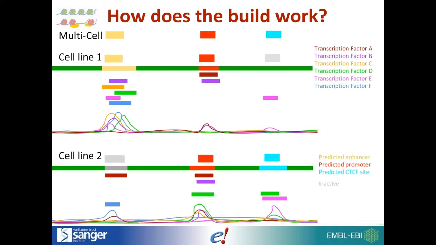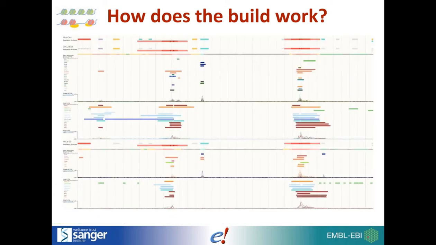So that's how we produce our build, and then in real life it actually looks very much like this, but a little bit more detailed and a little bit more messy. So this is what it looks like in our browser. We have our multi-cell features, and then I've got two cell lines showing here. I've got GM12878 and HeLa cells, and you can see that this region is active in both, which is a promoter.